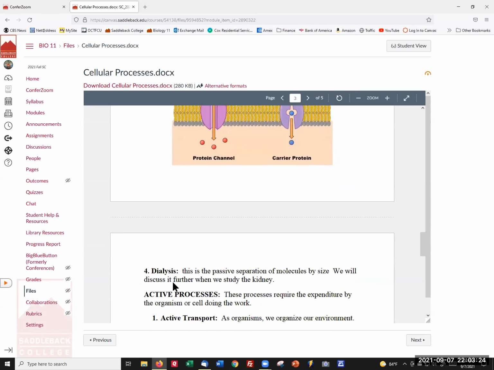Dialysis. I don't have a lot here to say about dialysis until we get to the kidney. Dialysis is the passive separation of molecules by size.